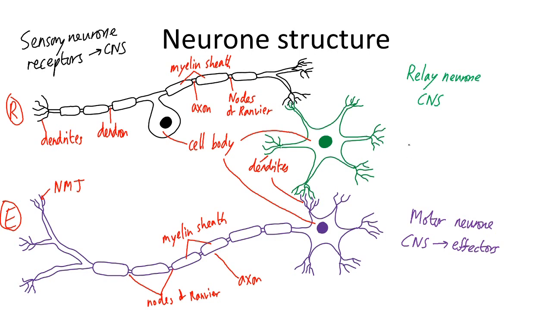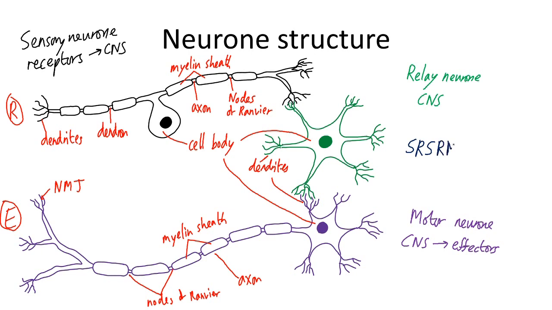So when you looked at nervous control of the body, you will have learned about reflex arcs, which is the simplest arrangement of just three of these cells. So you get your stimulus, which is detected by some sort of receptor, and then a sensory neuron carries it to the central nervous system, where it goes to a relay neuron.